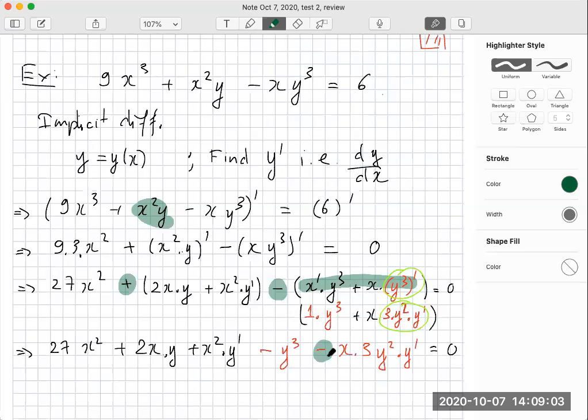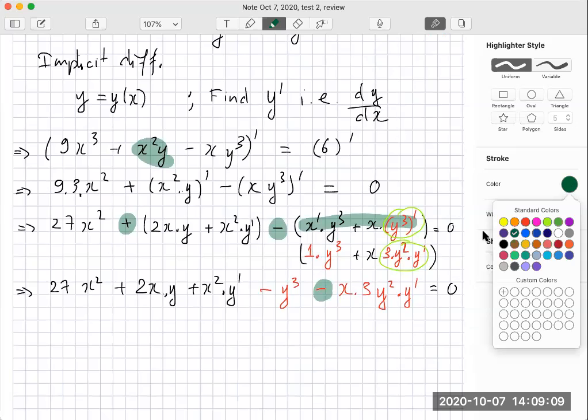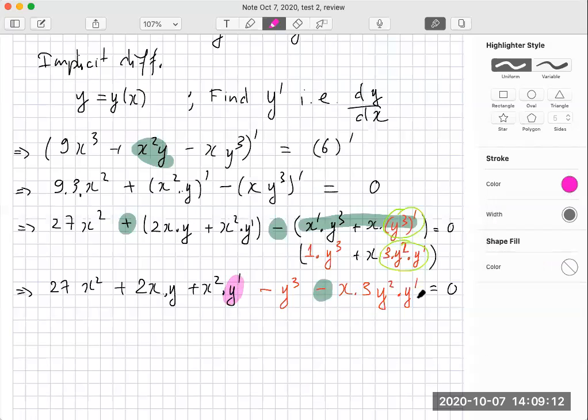Now our target is to find y prime. It appears in this term and in this term. So what should we do now? That is one way. Very good. We can move all the y prime terms to the other side, or we can move the other terms to the other side and keep y prime on the left.